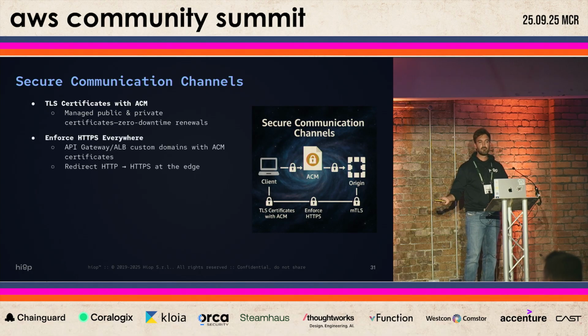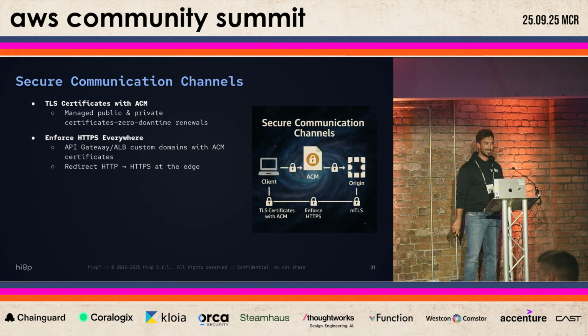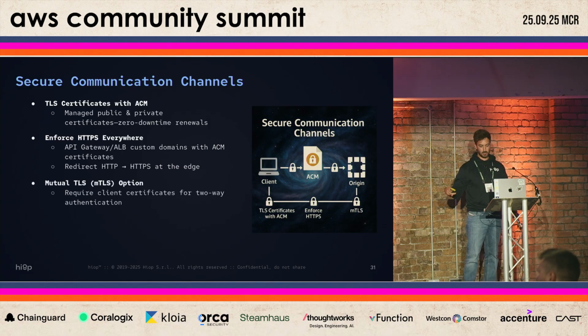In this way, you can enforce, of course, HTTPS everywhere. Try to always enforce it in API Gateway, load balancers, etc. You can use custom domains with the services I mentioned, and it's free. And always remember to redirect HTTP traffic to HTTPS, because some users can access the HTTP endpoint. So remember always to redirect the traffic if you are configuring HTTPS.